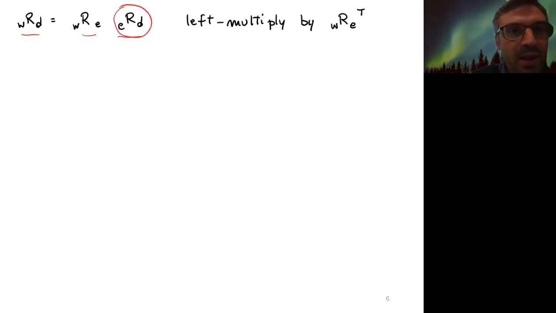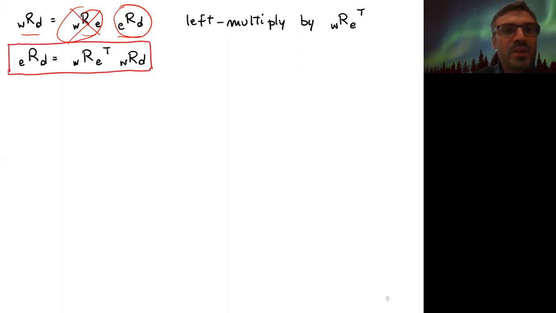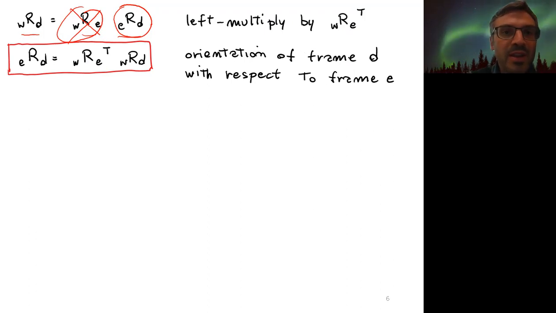To isolate this one, we left multiply by the transpose of the other term, because if you left multiply by the transpose, this term will disappear, and we end up with this expression where we have the relative rotation, the orientation of frame D with respect to frame E, expressed in this way.